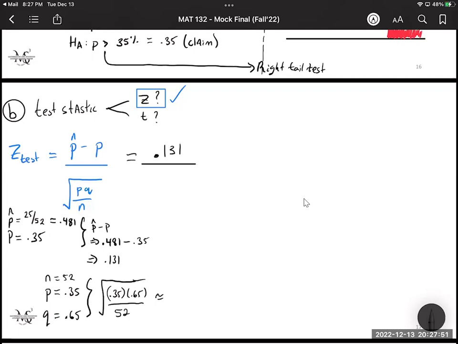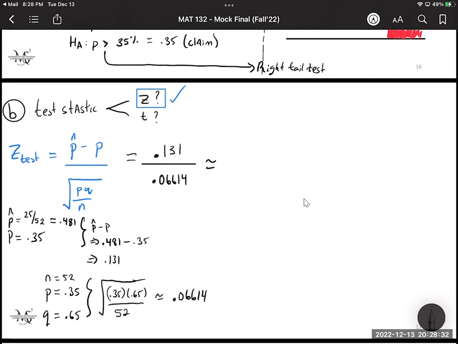0.06614. Angelina, you got to try again. What you're going to get is 0.06614. Okay. Now you take the 0.131 divided by 0.06614, and this value you can round to 2 decimal places, since we're computing a z value.